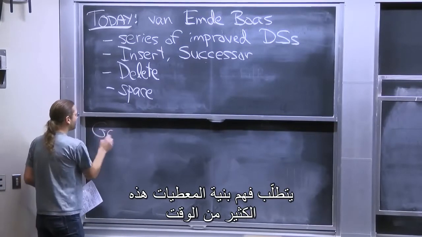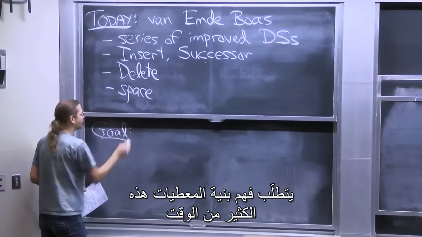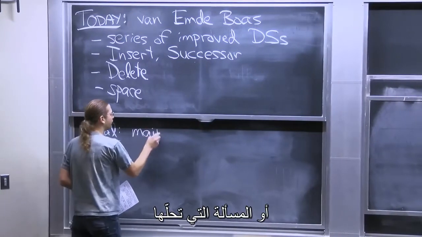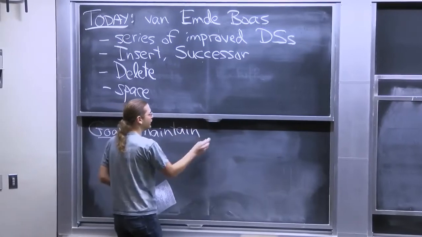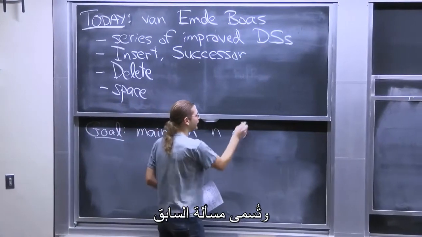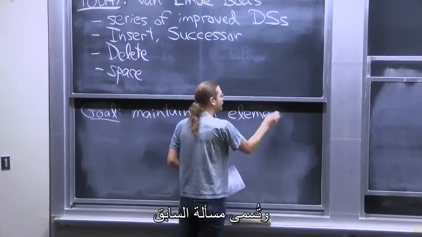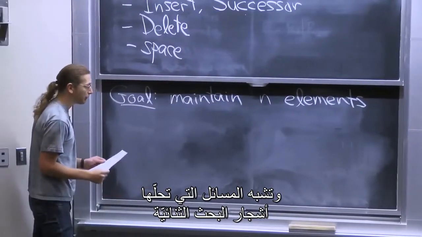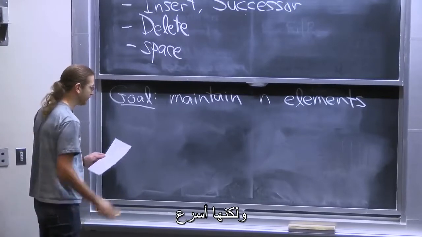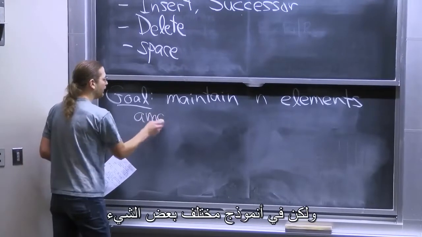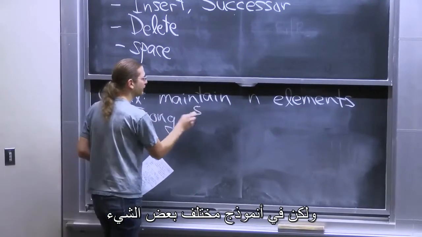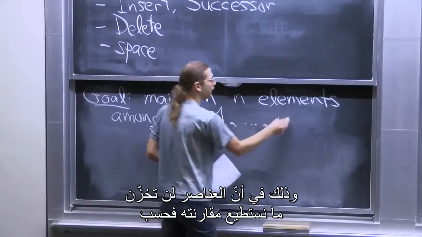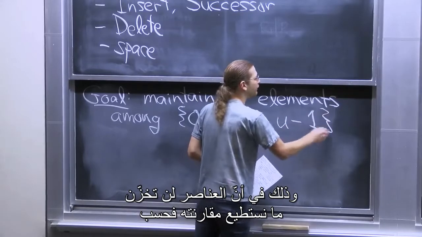it's taken us decades really to understand this data structure, exactly how it works and why it's useful. The problem it's solving is what you might call a predecessor problem. It's very similar to the sort of problem that binary search trees solve, but we're going to do it faster, but in a somewhat different model, in that the elements we're going to be storing are not just things that we know how to compare.